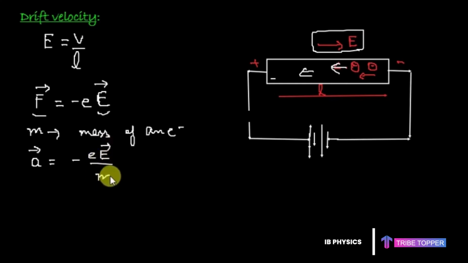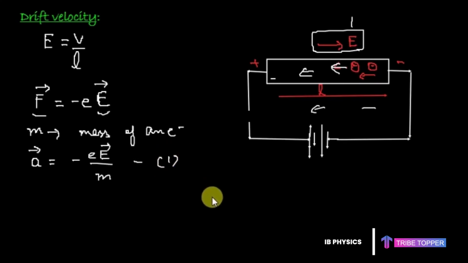Now that's the acceleration we have. So in this conductor, your electrons are flowing from right to left, but your electric field is applied from left to right, and due to the force which is acting because of this electric field, it causes the electrons to accelerate, given by this equation number 1.